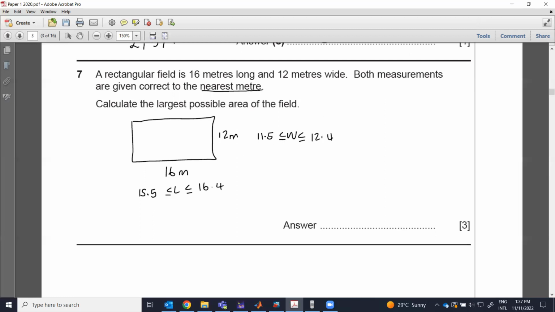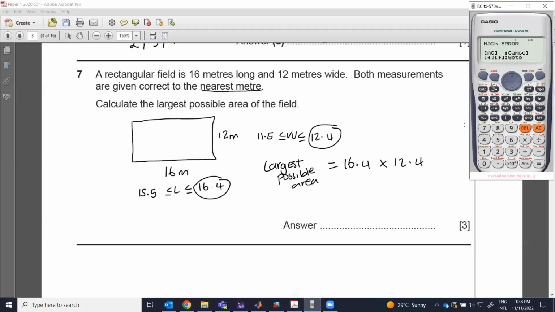Now it says calculate the largest possible area. So to find the largest possible area, just take the upper limits, this one and that one, and then multiply them. So our largest possible area will be 16.4 multiplied by 12.4.